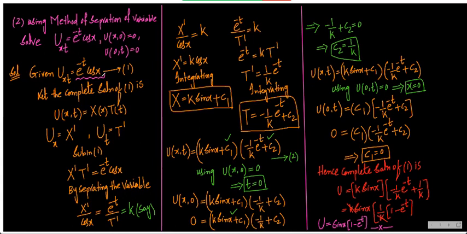Whatever variables are there, we find those and finally substitute and finish the problem. This is called method of separation of variables. Our one-dimensional heat equation and wave equation are also similar to this concept.